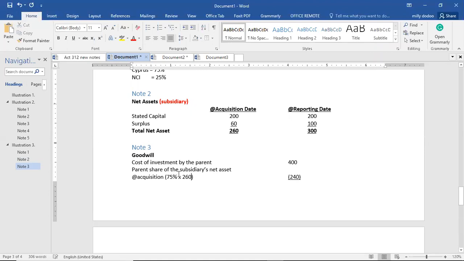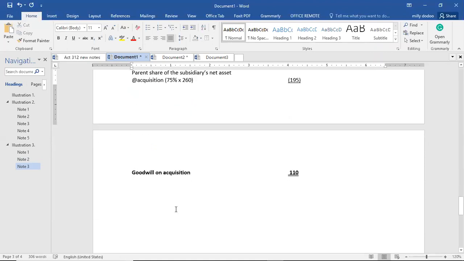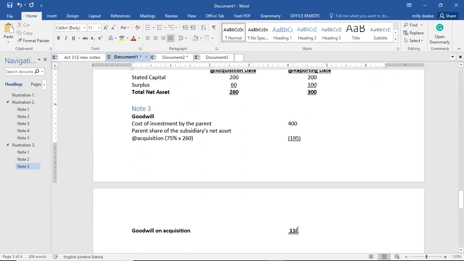Therefore, 75% of the 260 will give you 195. Then when you less the 195 from the 400, you are going to get goodwill on acquisition of 205.